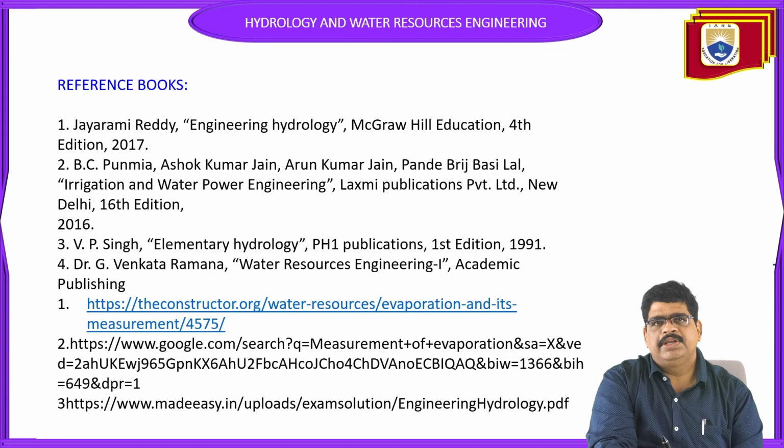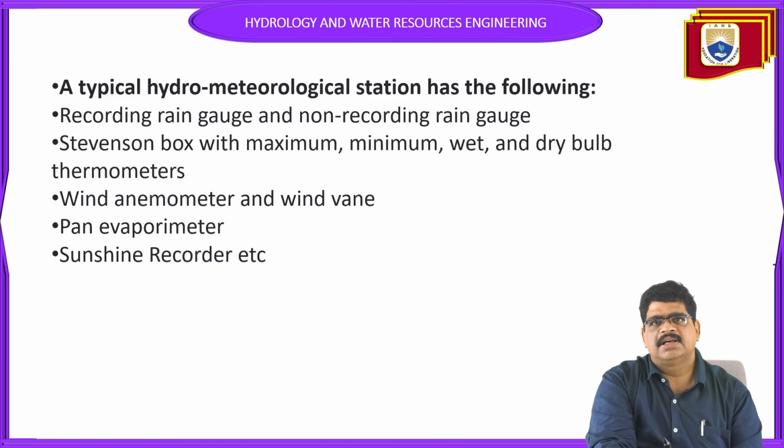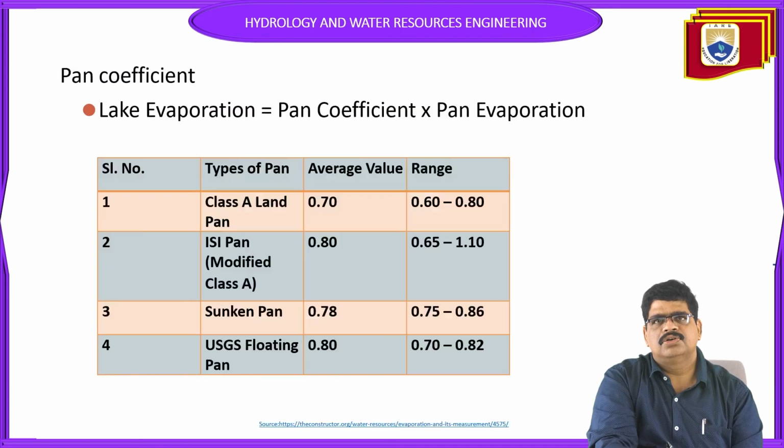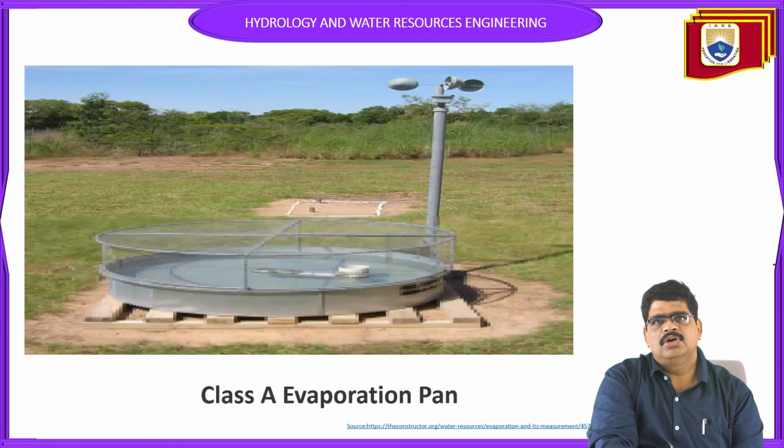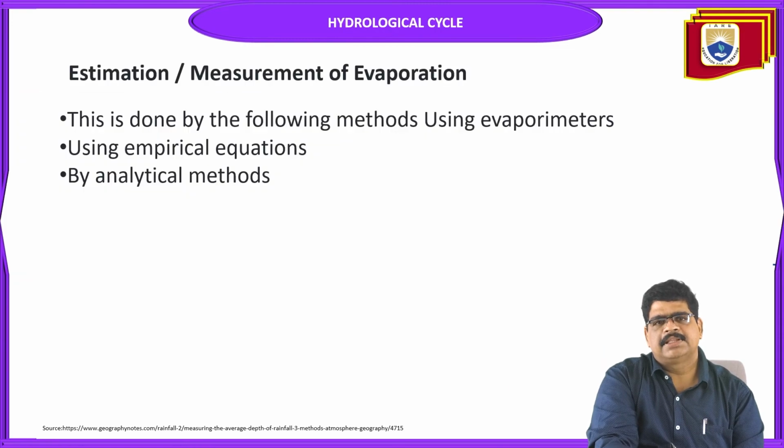In this part, we have to finish here regarding the pan evapometers, and the remaining two types of evaporation estimation, the empirical equations and the analytical methods, will be discussed in the next sections. So the evaporation from the pans is already over.